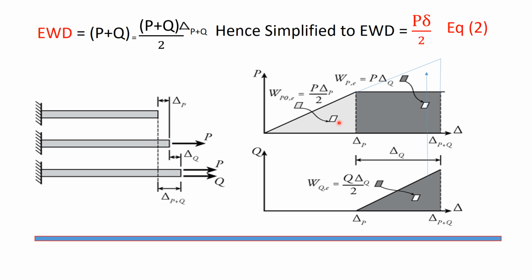Now, the external work done by the addition of the force Q, which gradually increases from 0 up to a maximum value, is similar to the original work that was done by force P when it was applied. So these two have similarity, of course. This work done is Q times delta Q, of course half of it.